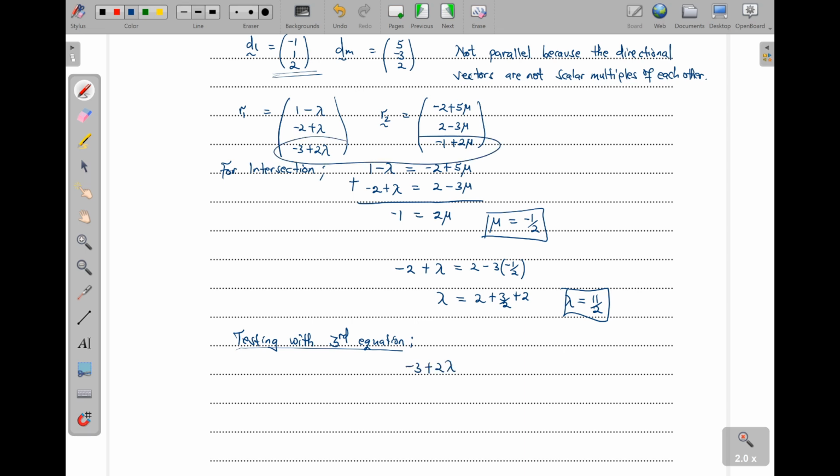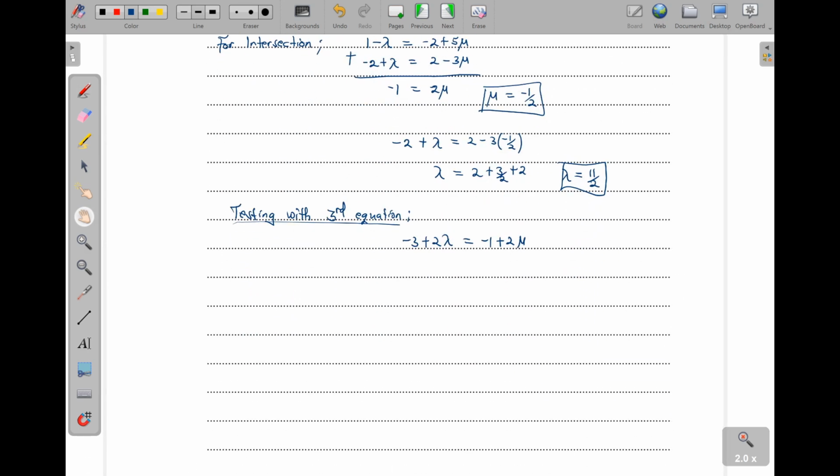It is here. Then we equate to -1 plus 2 mu. We get the same value on the left as on the right. So we get -3 plus 2 times 11/2. Then is it equal to, we are asking ourselves a question, -1 plus 2 times -1/2.